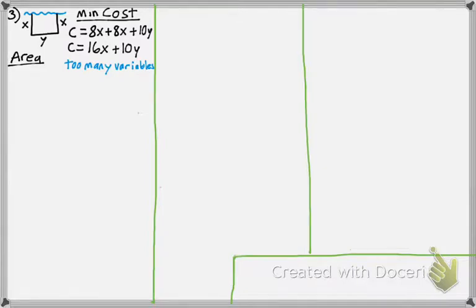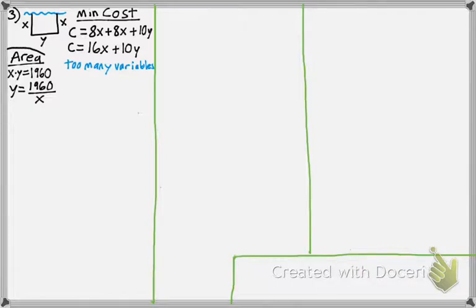So I don't know what x and y are, but I know that if they get multiplied, they need to be equal to 1,960. So I can solve this for y, and y will be equal to 1,960 over x.